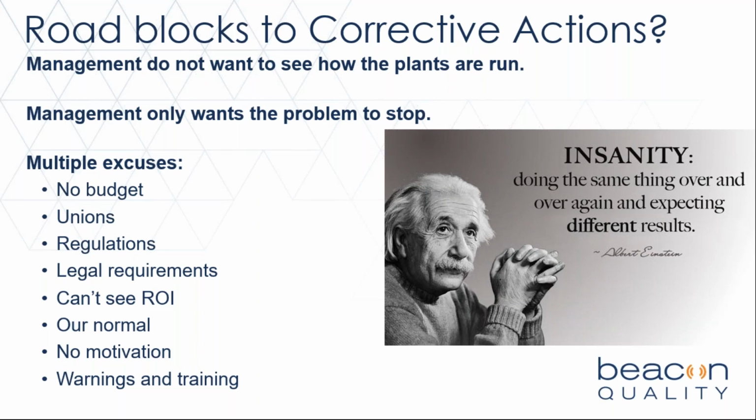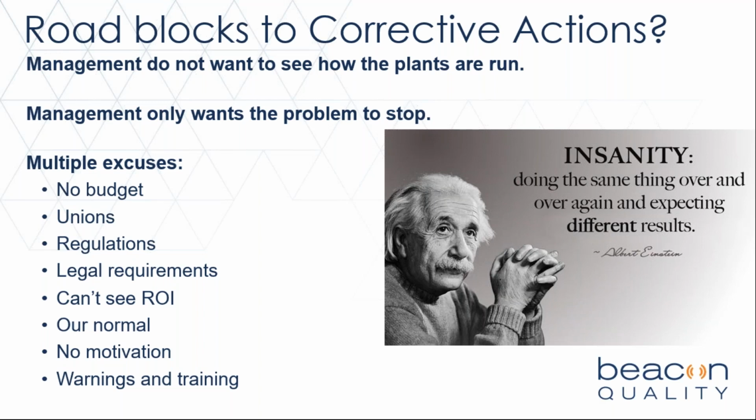They see, okay, I have a problem, just fix it, but this could be a problem on the same line, or the same product for a different customer. One of the main reasons is that there's no budget. Every corrective action can be a simple fix, or sometimes it requires a budget to make the necessary changes.